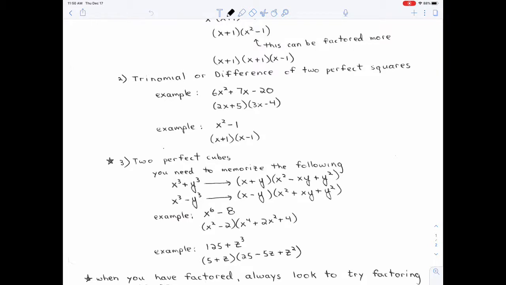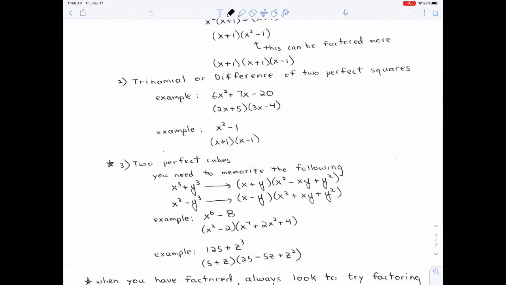Now, I want to remind you, and I've said this to you before, there's also difference of squares and also sum of squares. So for instance here, this would also include x squared plus 1, which would factor into x plus i and x minus i.